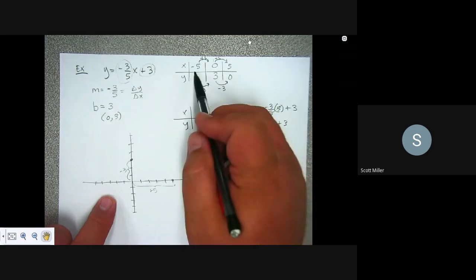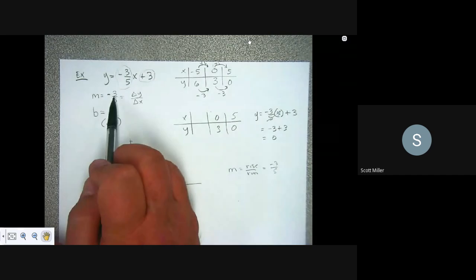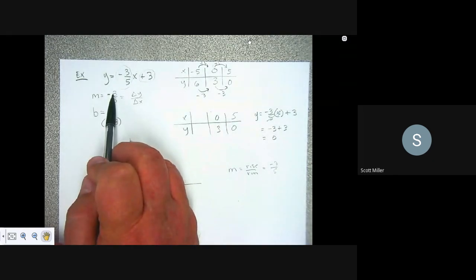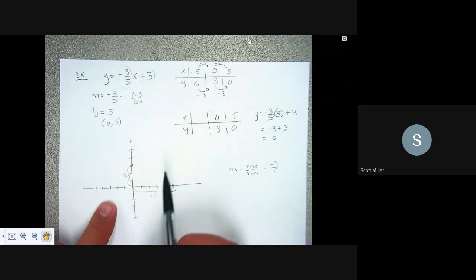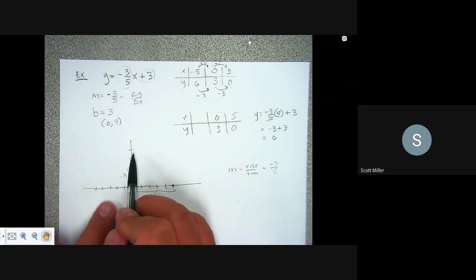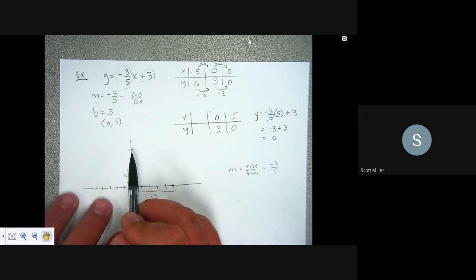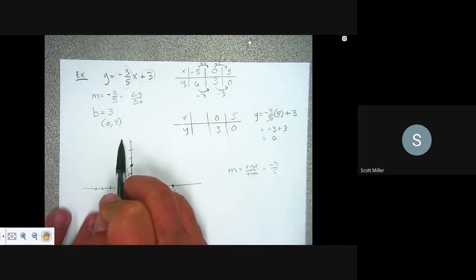Well, how do I get this point? Well, just do the same thing, just go in the opposite direction. Remember when I told you that I can put the negative with the top, or the negative with the bottom. If I'm doing rise over run, there's some point over here where I go down 3 and over 5, so just go in the opposite direction. From here, go up 3 and to the left 5.